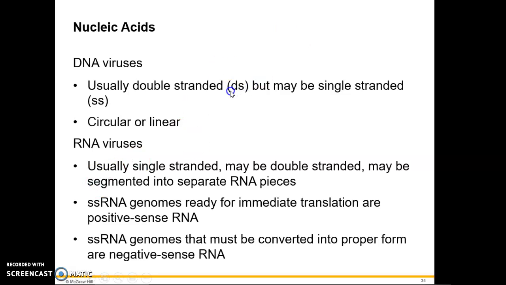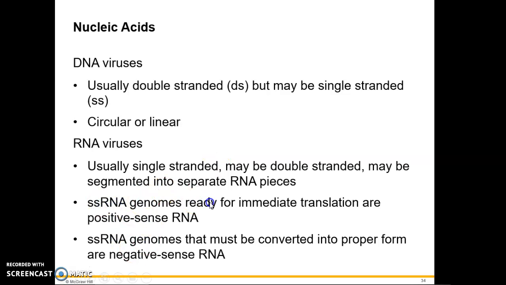With DNA viruses, they're usually double-stranded. That's what this DS represents, but they can be single-stranded, or SS. They can also be circular, like the ones in bacteria, or linear, like the ones in eukaryotes. RNA viruses are almost always single-stranded. They can be double-stranded, and they may have different RNA pieces or segments that contain the genome.